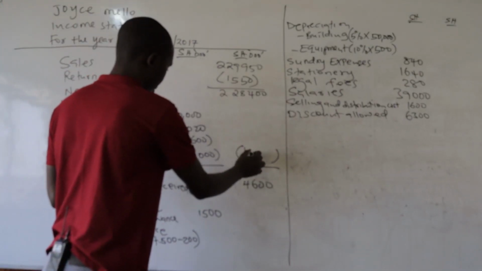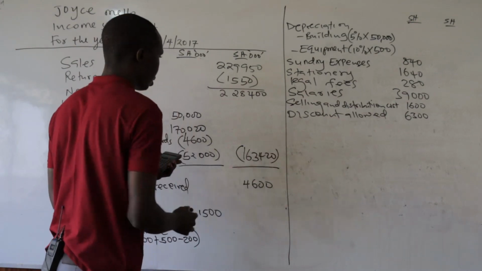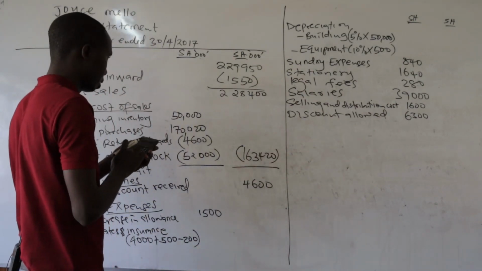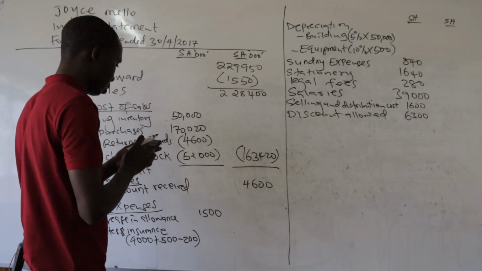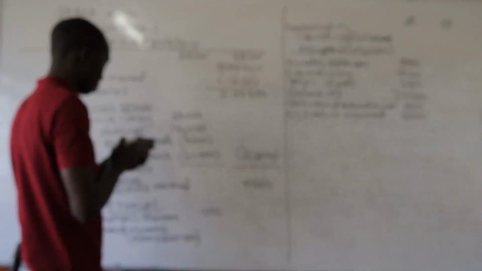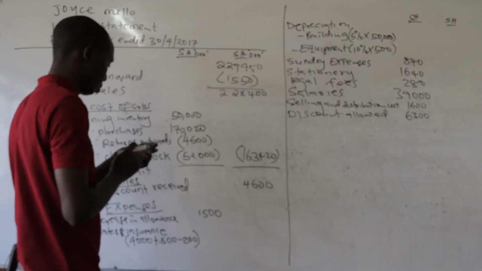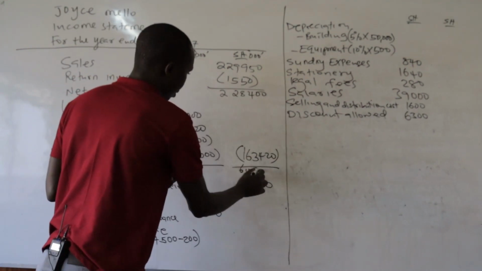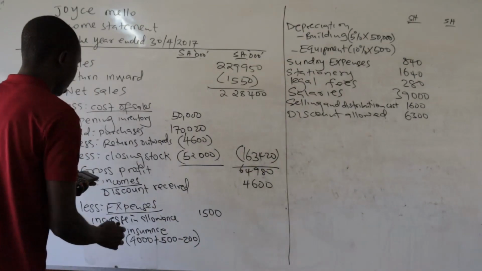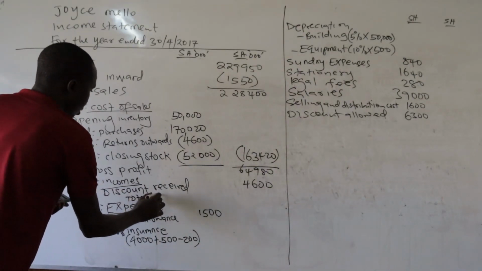So this is 163,420. So if you check 228,400 minus the answer, 228,400 minus 163,420. So this is 64,980.